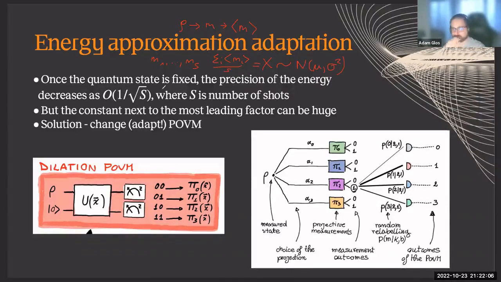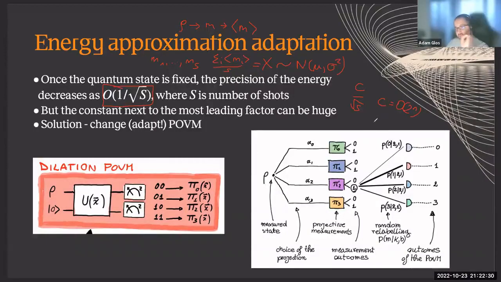energy approximation, but the problem is that this O notation can hide very, very large constant. This constant, which is in here, can even grow exponentially with the number of qubits, which in turn is pretty bad.